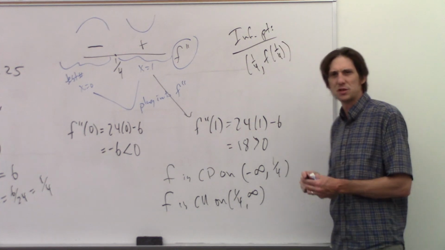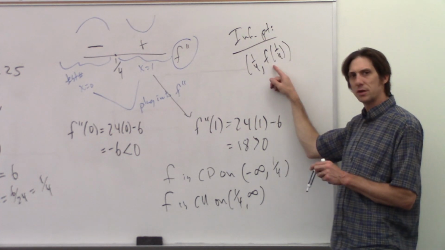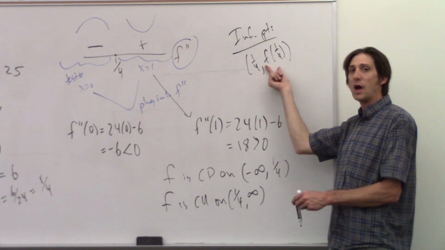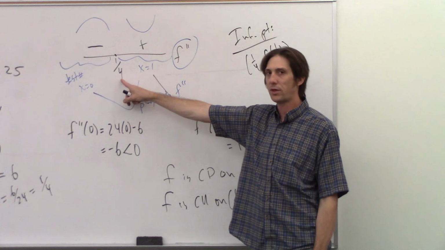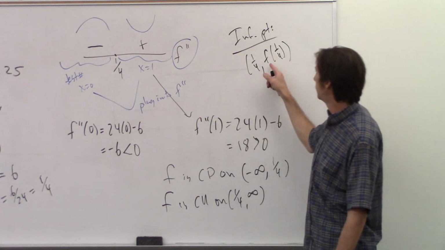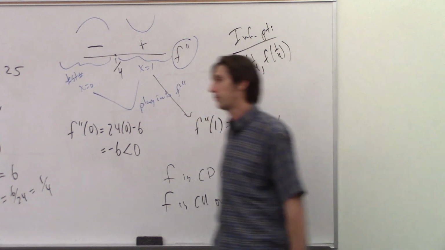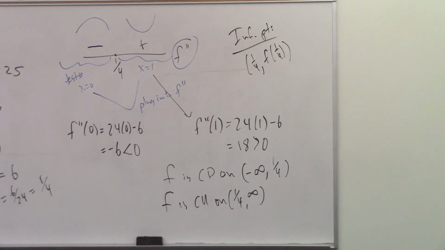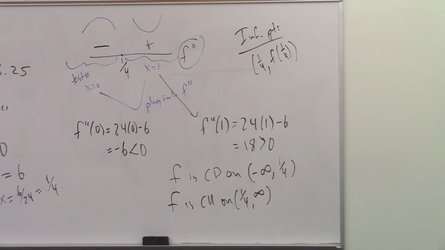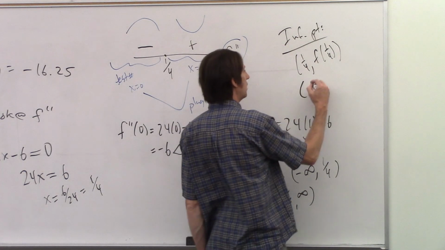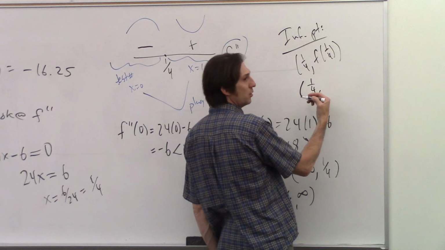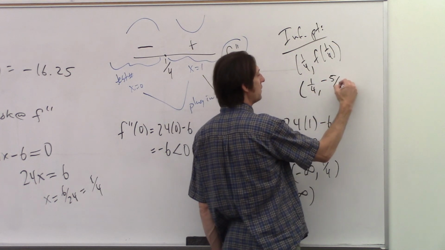The inflection point is a point on the original function, so to get the corresponding y value, I should plug this x, where the concavity changes, into the original function. In my notes, I computed this. In this example, there's an inflection point at the point 1/4, comma, -5/8.